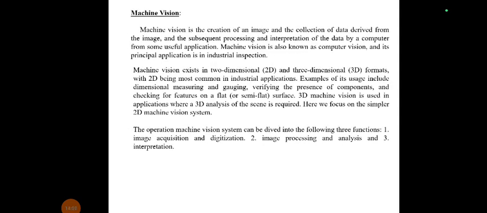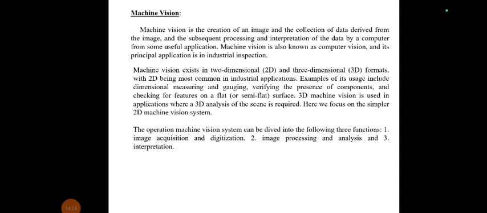Next one, machine vision. So what is the machine vision? The other names given to these systems include microprocessor-based television and computer vision. The typical machine vision system consists of a TV camera, a digital computer and an interface between them that functions as a preprocessor.